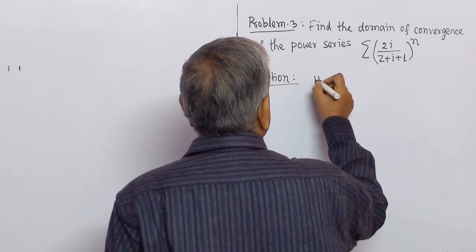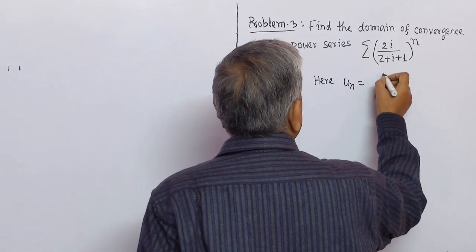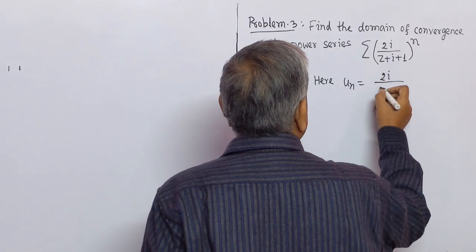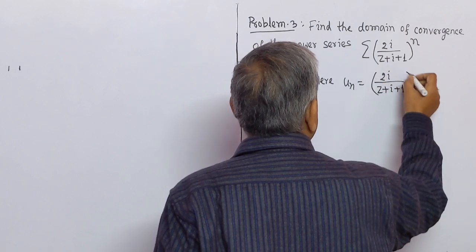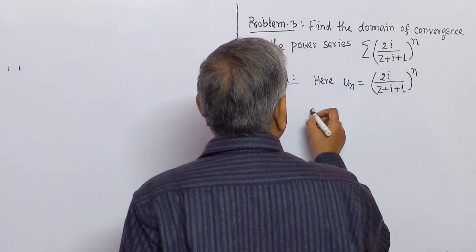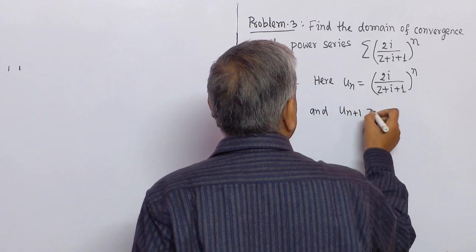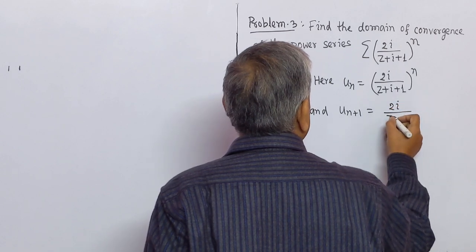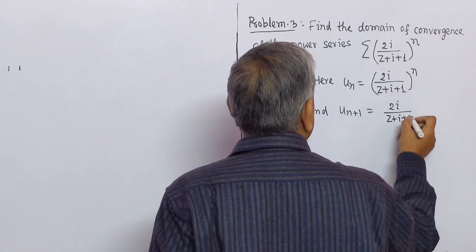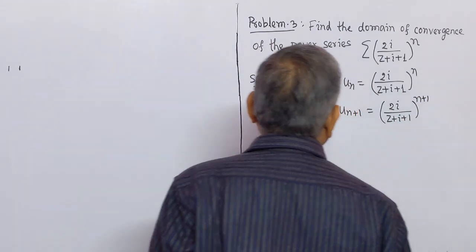Here u_n equal to [2i by (z + i + 1)] whole to the power n, and u_(n+1) equal to [2i by (z + i + 1)] whole to the power n plus 1.